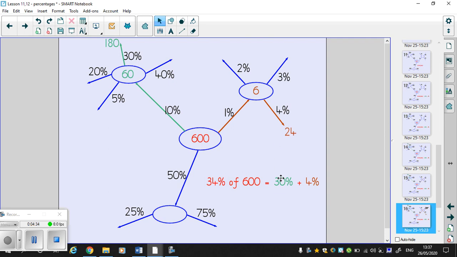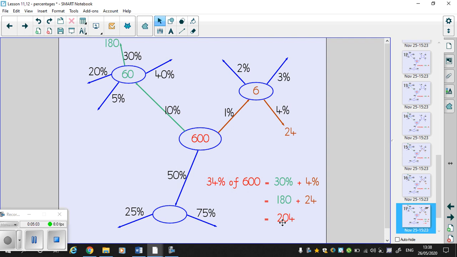So we've worked out our 30%, 180. We've worked out our 4%, 24. We now can add those two numbers together, and that gives us a grand total of 204. 180 add 24. Does that make sense? 34% is less than half, and half of 600 is 300.